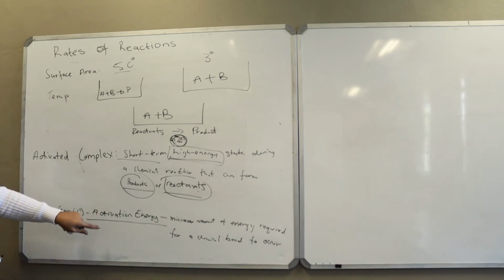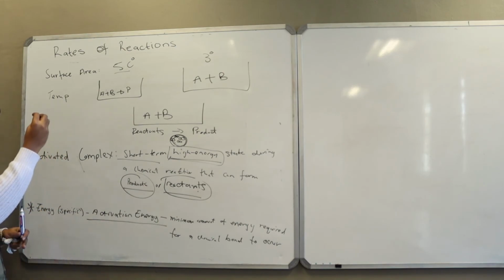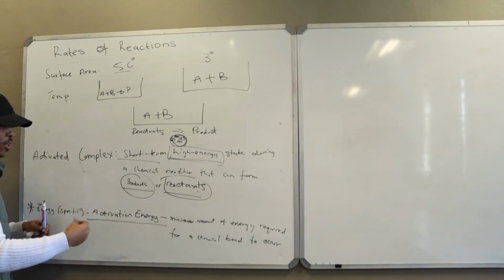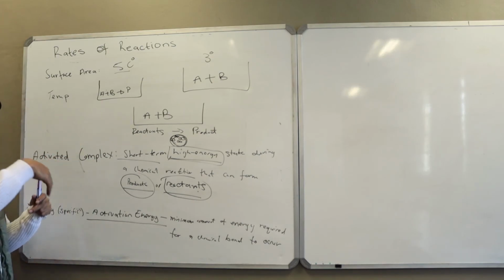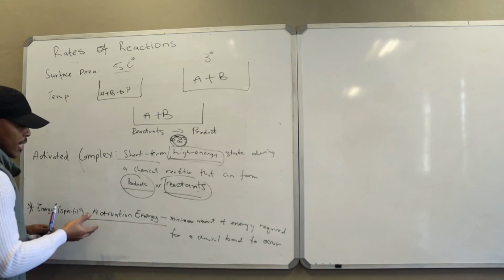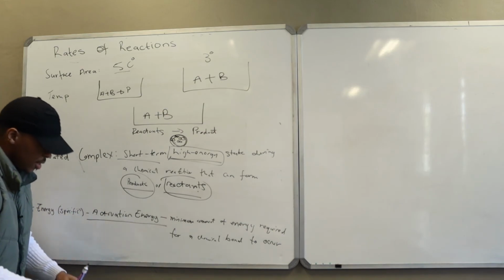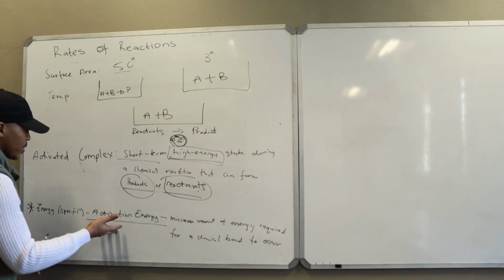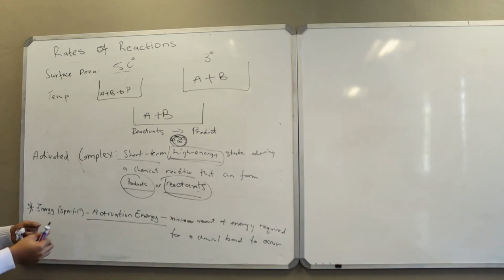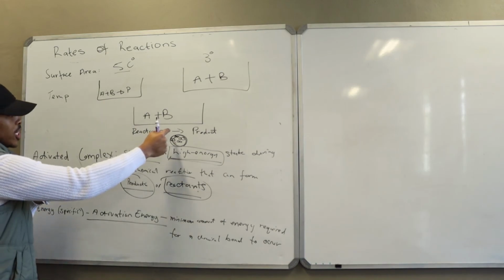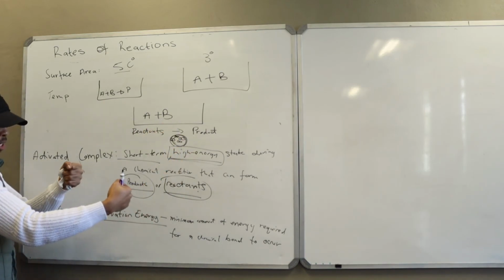Activation energy is the minimum energy required for a reaction to happen. So it could need to happen at 5 degrees, 10 degrees, 25 degrees, 100 degrees. If you're going to make that chemical reaction, it needs to be at 100 degrees or it won't happen. Activated complex is describing the middle point between reactants and products when they are colliding.